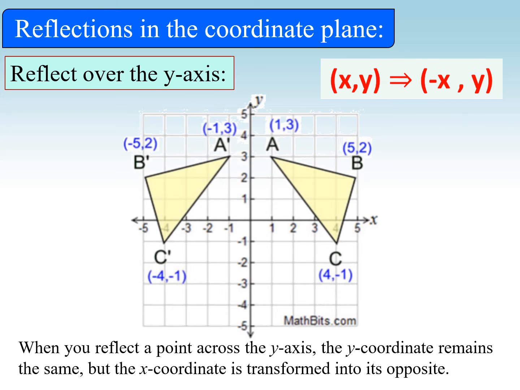Or simply, when you reflect a point across the y-axis, the y-coordinate remains the same, but the x-coordinate is transformed into its opposite. So from your (x, y), just get the opposite of your x. This is positive, you get the opposite, it is negative, and then you copy y. That is how you reflect over the y-axis.